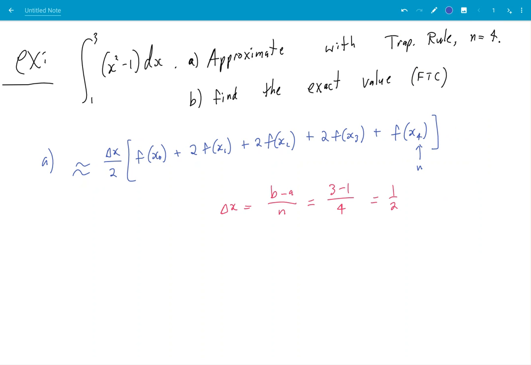So what do I get? I get a half divided by 2, square bracket. Maybe I should write down my x's. That'd be useful.